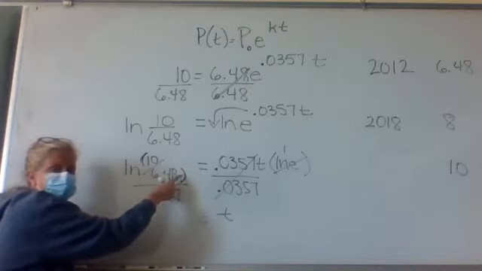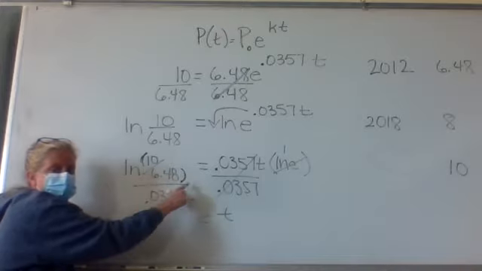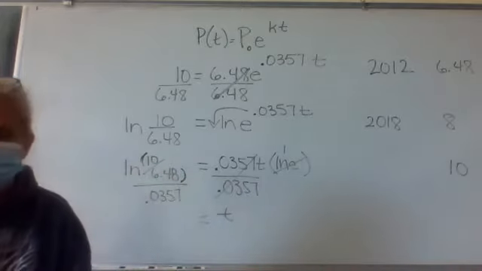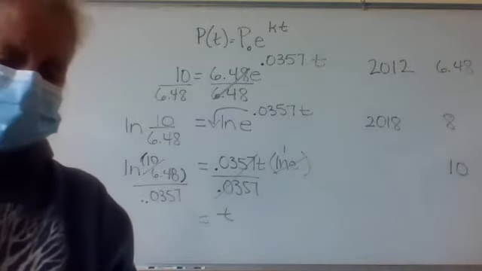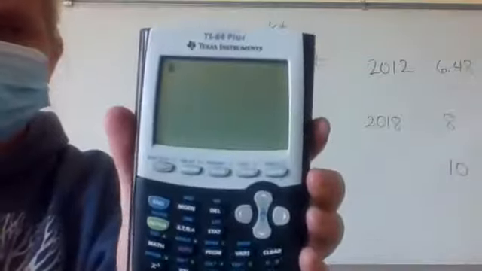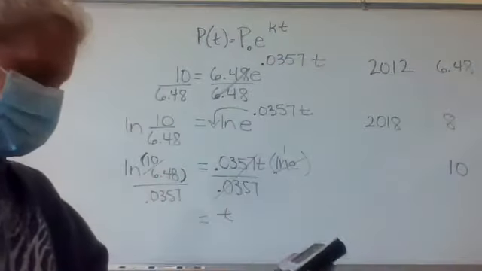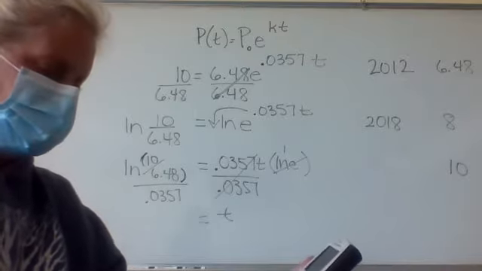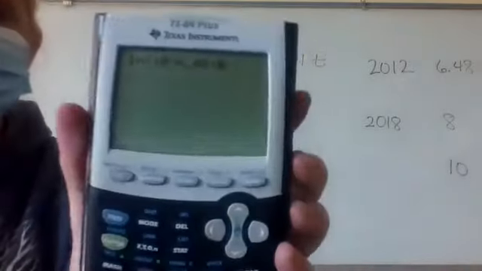That's where you'll close it. And then hit enter and then hit divided by 0.0357. So again, just your regular ln of 10 divided by 6.48 and then close it.